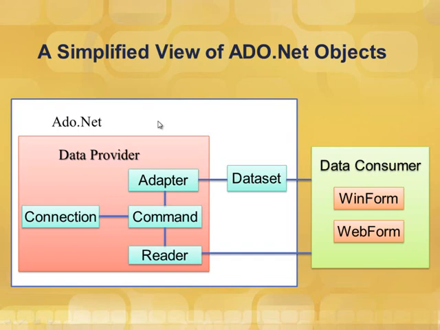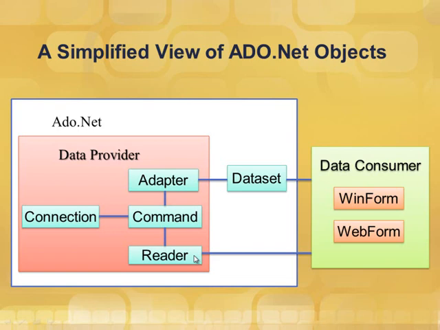There are two things you must remember, the two ways in which you can interact: the connected and the disconnected way of using it. If you go along this path, along the reader, it is always connected. If you go along this path, it is disconnected. So if you are using the adapter, it is disconnected. If you are using the reader, it is connected.